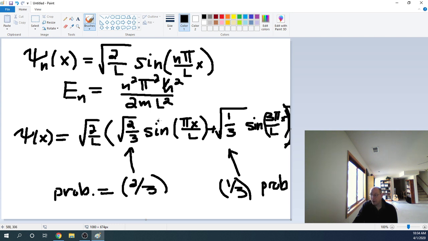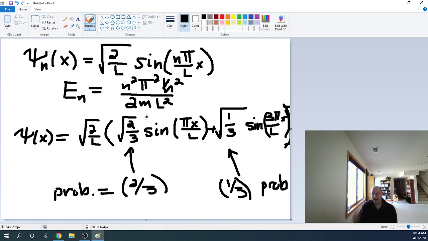2/3 of the time you're going to get the energy associated with the n equals 1 state of the system, a value of pi squared h bar squared over 2ml squared. But 1/3 of the time you're going to get a value where n is equal to 3, which would be 9 pi squared h bar squared over 2ml squared.